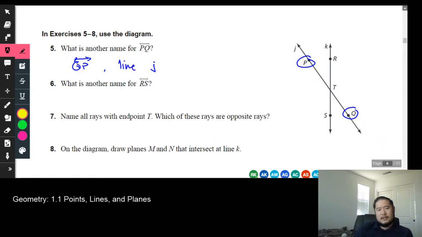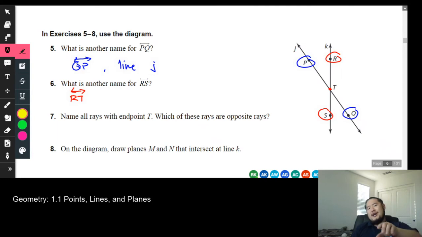Next up for number 6, what's another name for line RS? I'm looking at these points, and there are actually quite a few. We could say line RT, because remember, T happens to be a point.